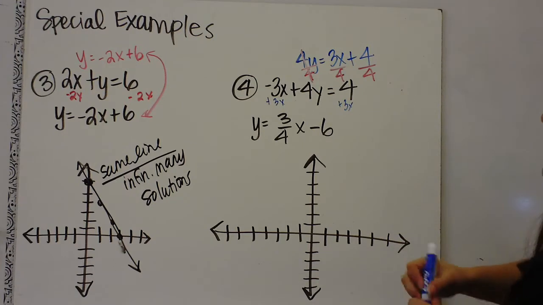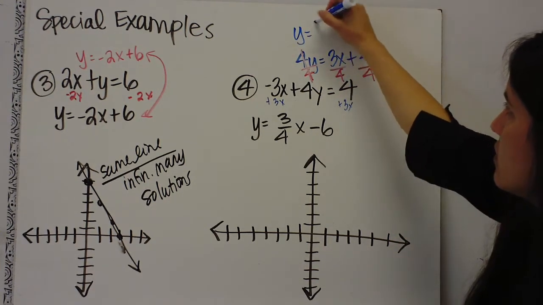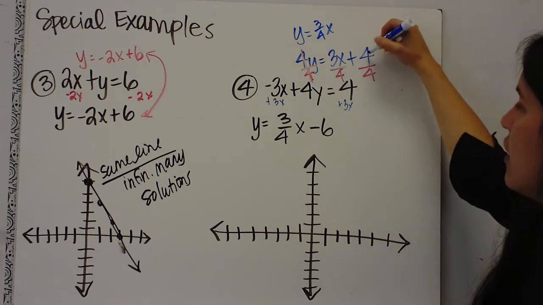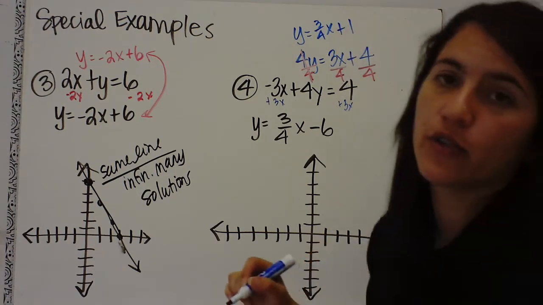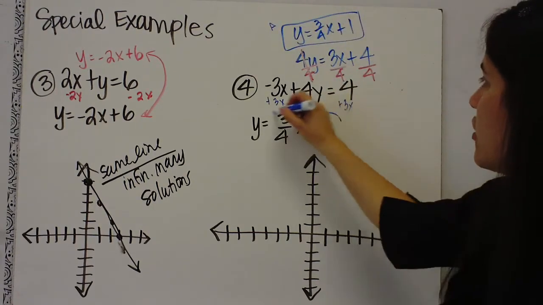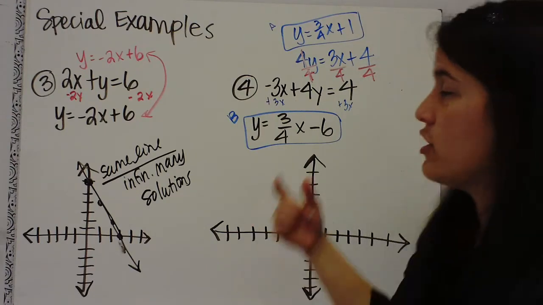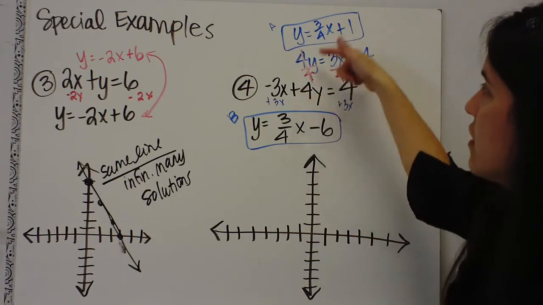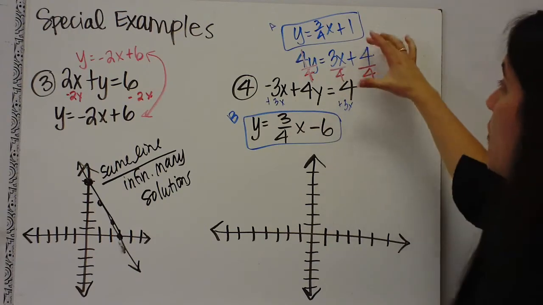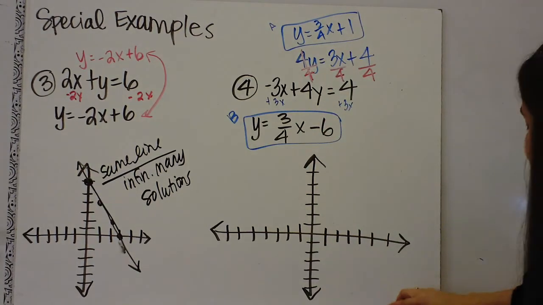And my final answer is going to be y equals 3/4 x, 4 divided by 4 is 1, so 3/4 x plus 1. So here's equation A, and here's equation B. Do you notice anything about equation A and equation B? You should notice the slopes are the same, but the y-intercepts are different. So let me show you what that means for our lines.